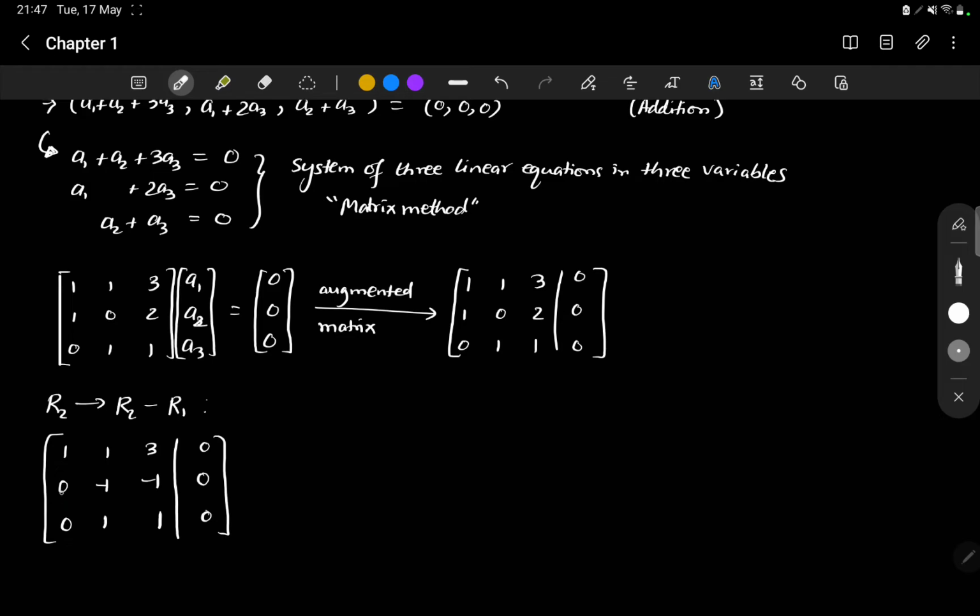So we have managed to make this element 0. Next we will move to this element over here.